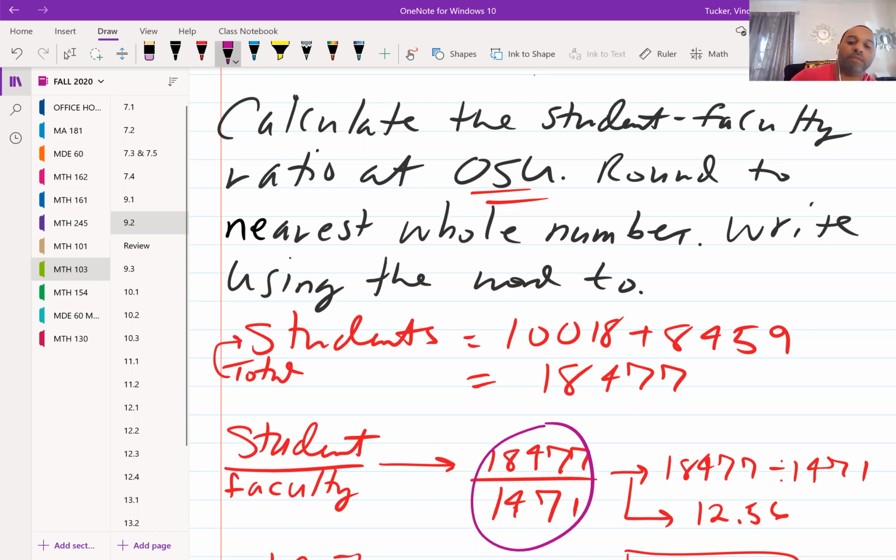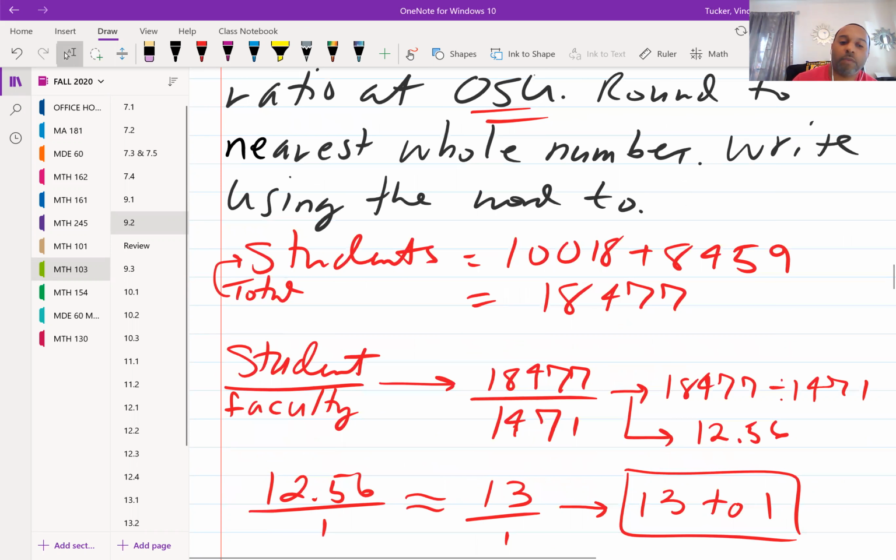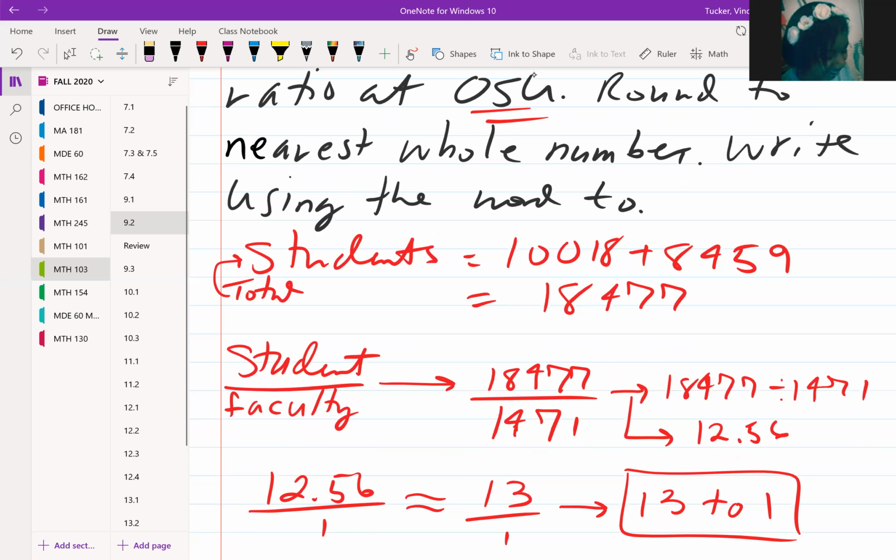So that's 18,477 divided by 1,471. Okay, just make sure I said it right. That's going to be 12.56. So over here, 12.56 over 1. Now it told us to round to the nearest whole number. So that's why I took that 12.56 up to 13. And that would be a 13 to 1 ratio.